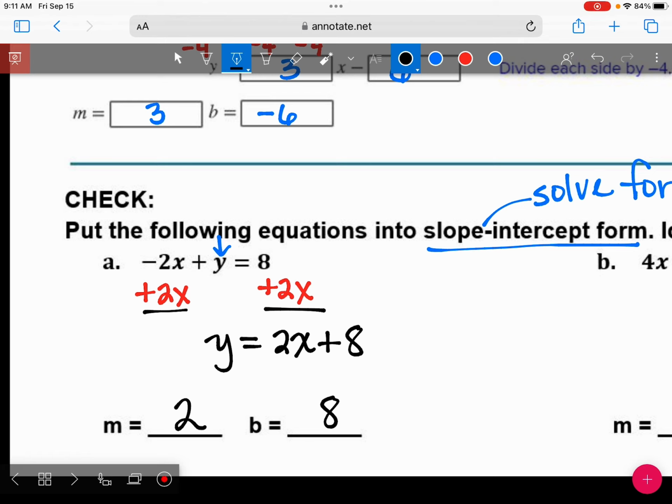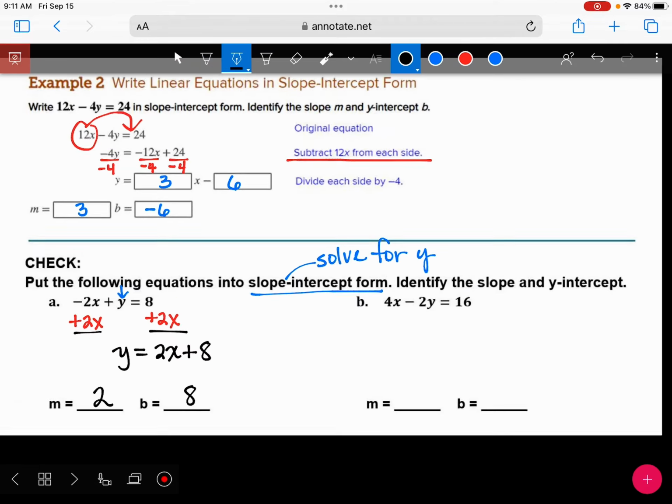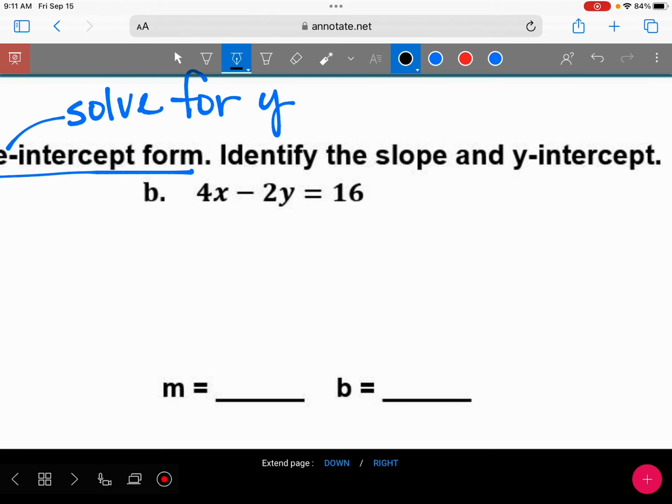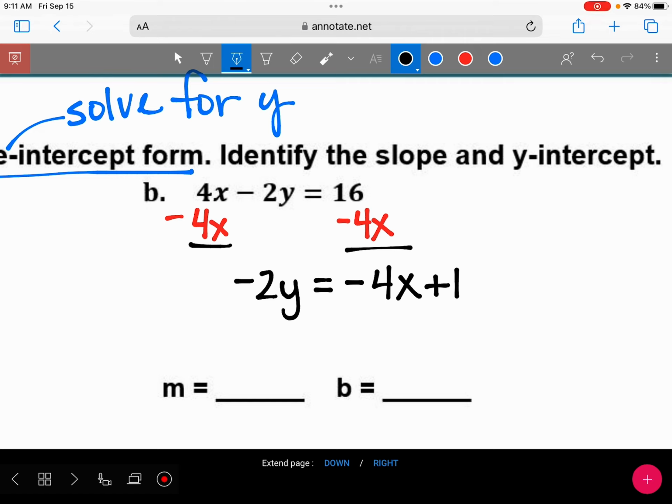Who had that? All right, good. Let's look at B. What do you think we're going to do first? Subtract 4x. Good job. So let's subtract 4x. And you have to remember that these two are not like terms. So we can't say 16 minus 4 is 12. That's not how that works. So we have -2y equals -4x plus 16.